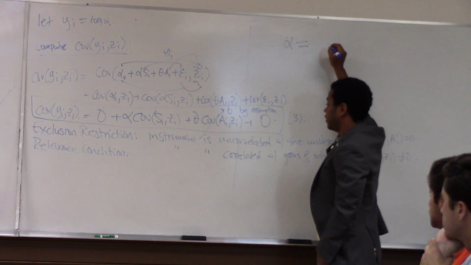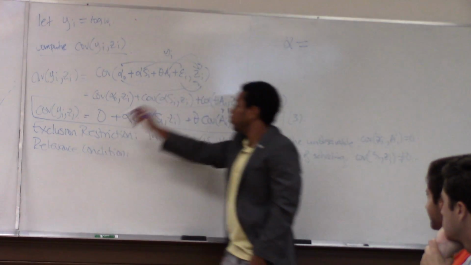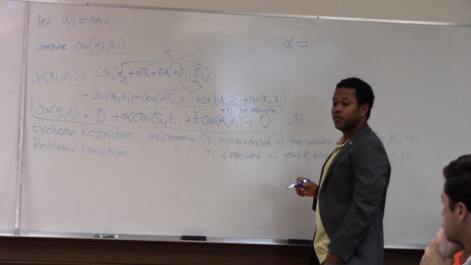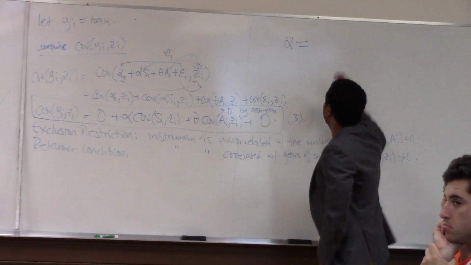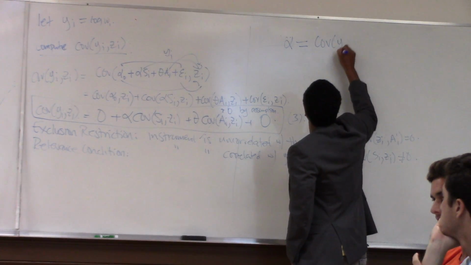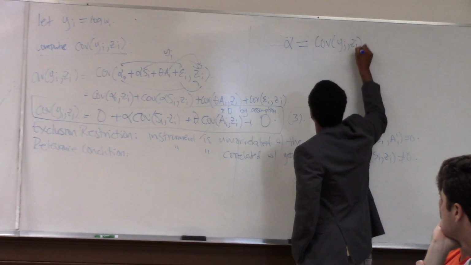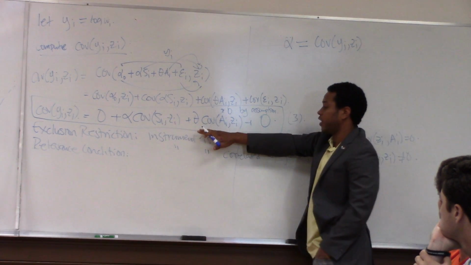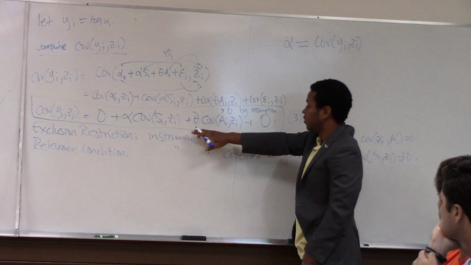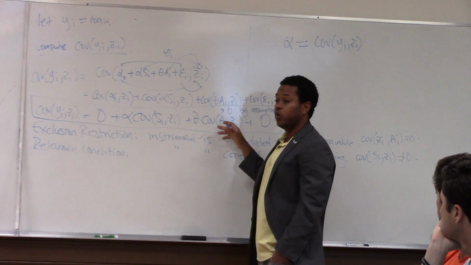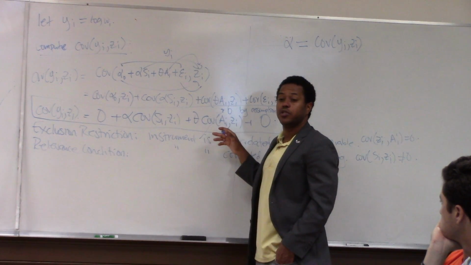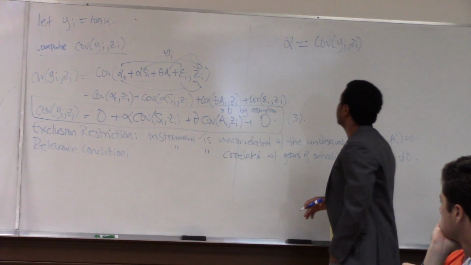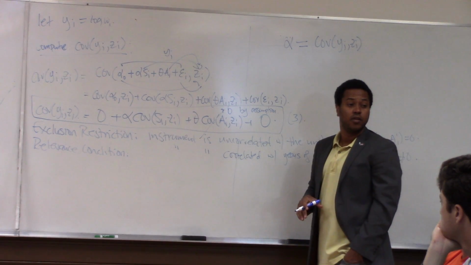No, this is equation 3. Solve this for alpha. The covariance of YI, ZI minus theta times the covariance of ability and the instrument. This is equal to 0. Remember we said that the covariance between ability and the instrument should be equal to 0? So we just divide by the covariance of SI, ZI?